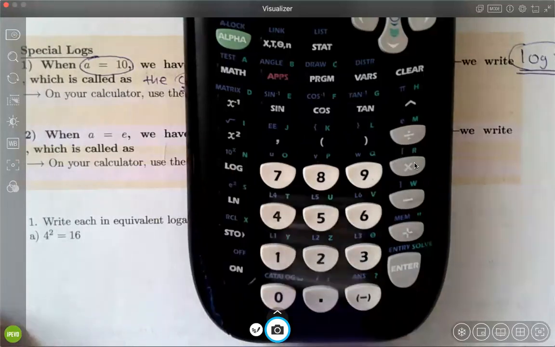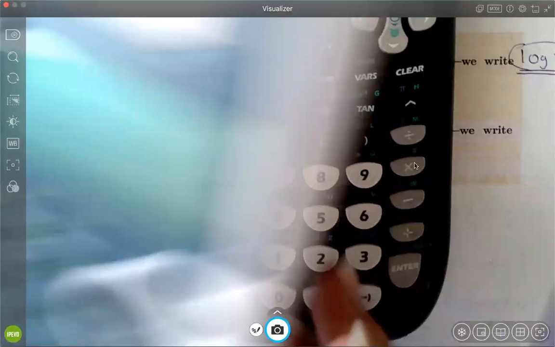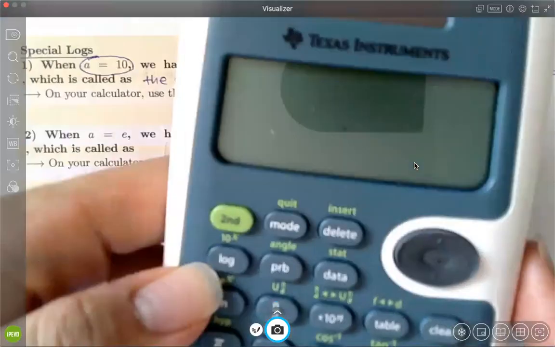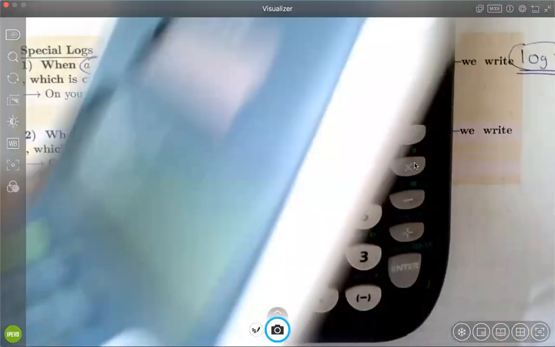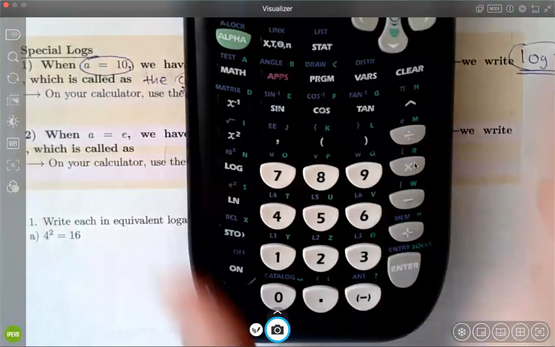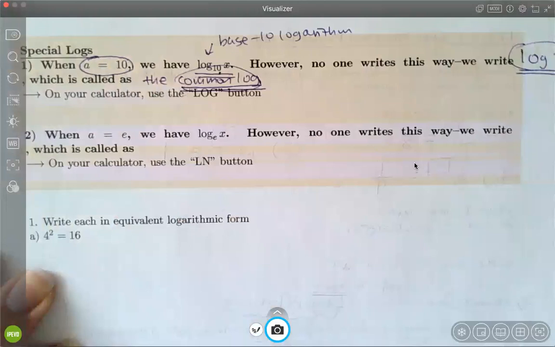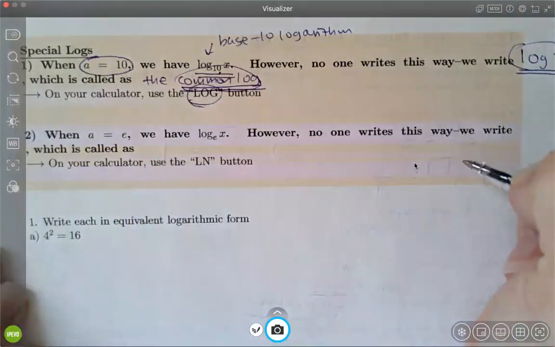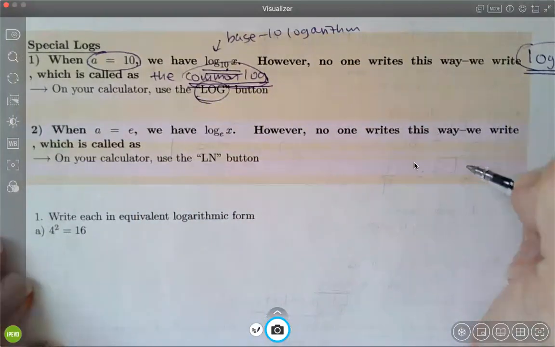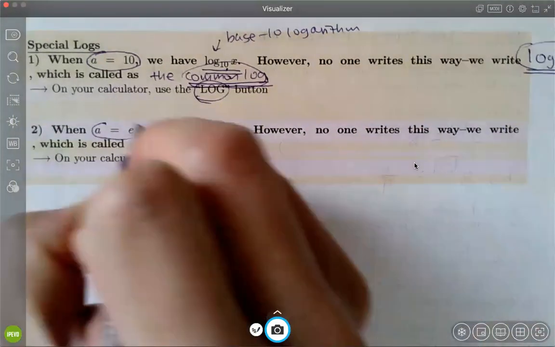Same thing for this one: you will see log right here, and right above it, you see 10 to the power x. So that's why the base is equal to 10. So use the log button on your calculator. And now, the second special log is when a is equal to e.